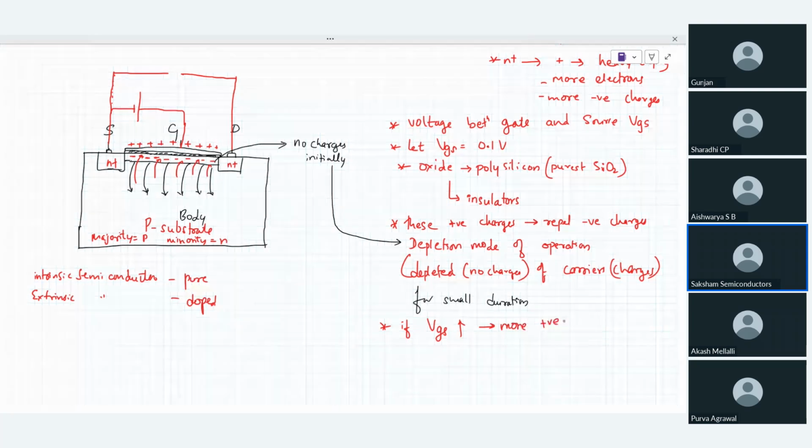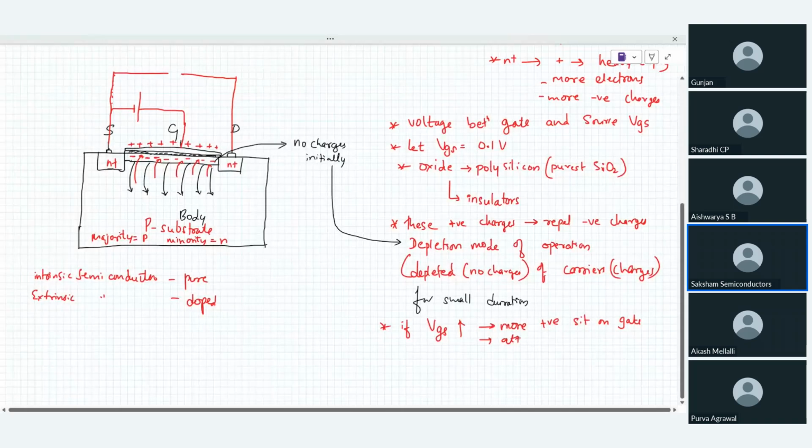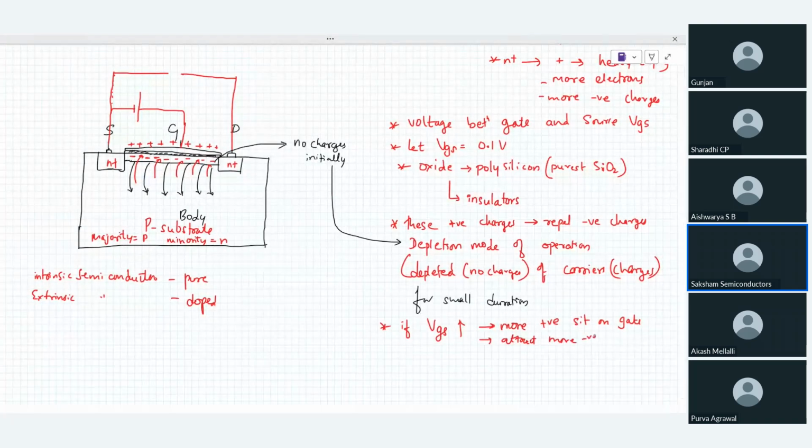more positive charges sit on the gate and it is going to attract more negative charges beneath the oxide. As simple as that.